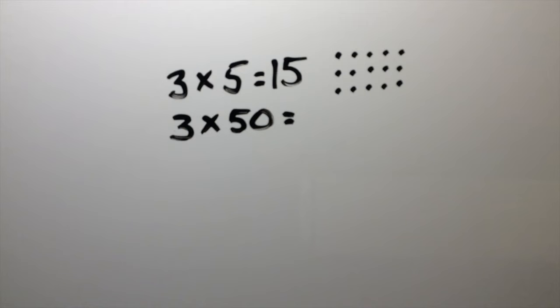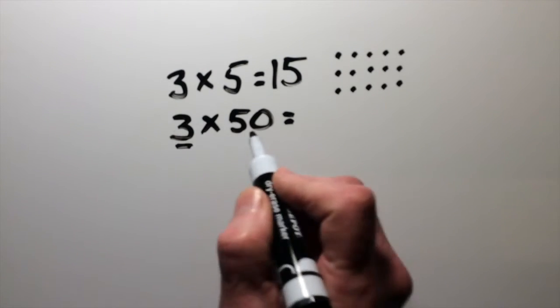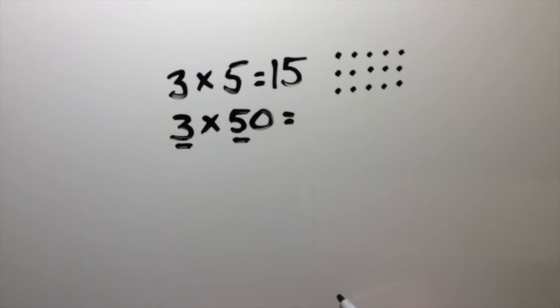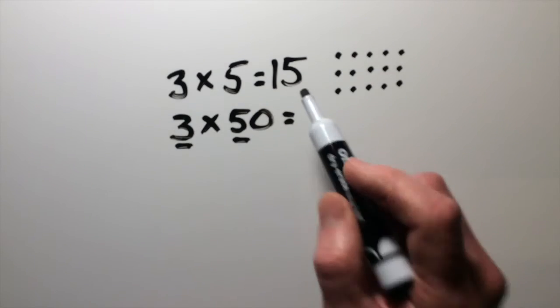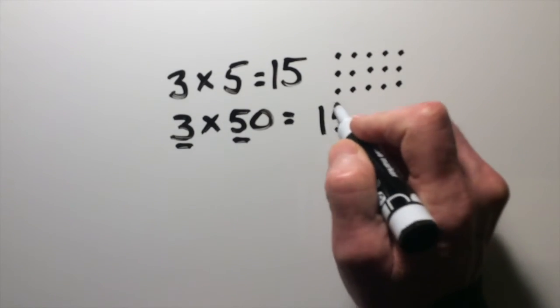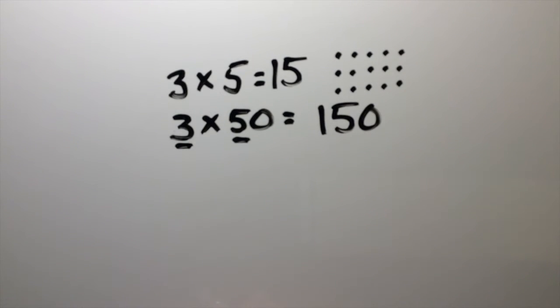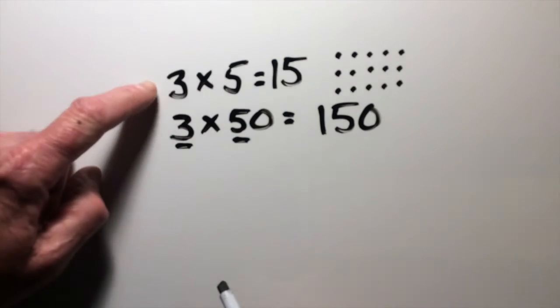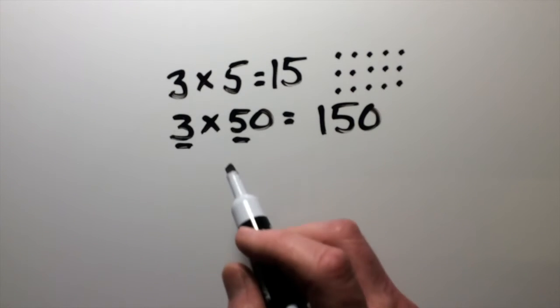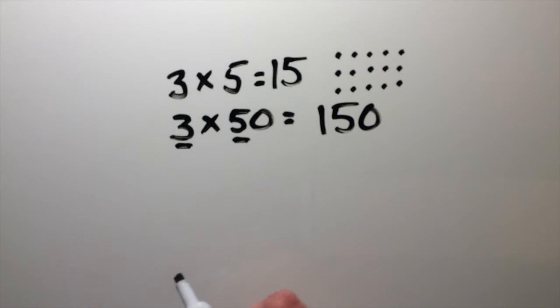So a strategy when you're doing a little bit larger multiplication problem is, can you find a basic fact in there? And you can see there's the 3 and the 5. And we just said that 3 times 5 is 15. And then all we would do is add the 0 on to the end of it. Makes it a lot simpler if I already know my basic facts to solve multiplication problems like that.